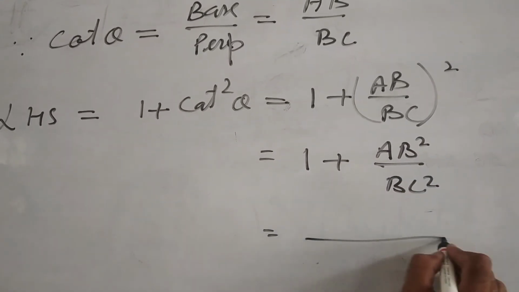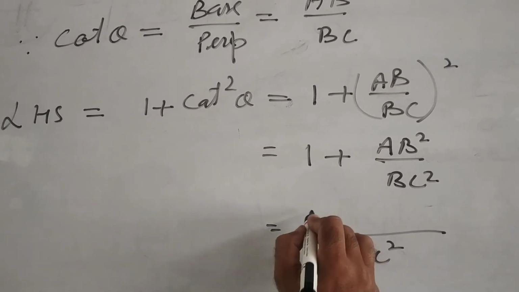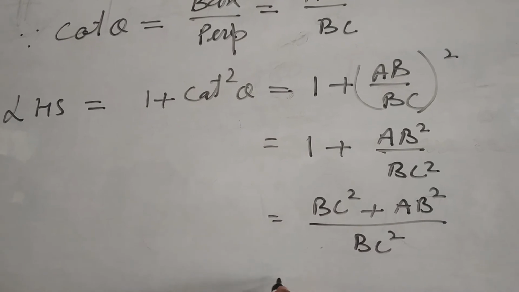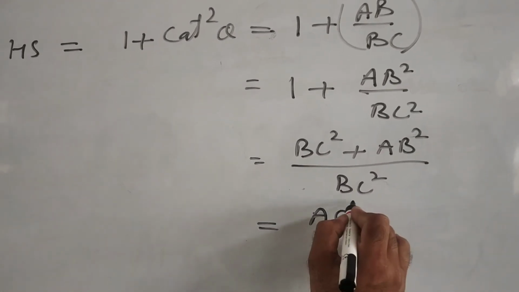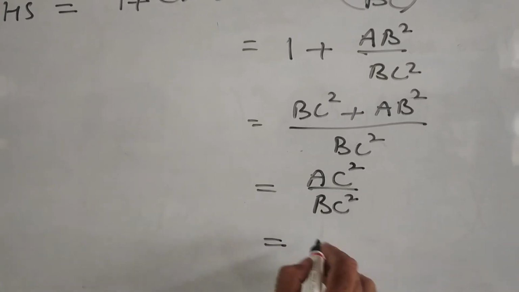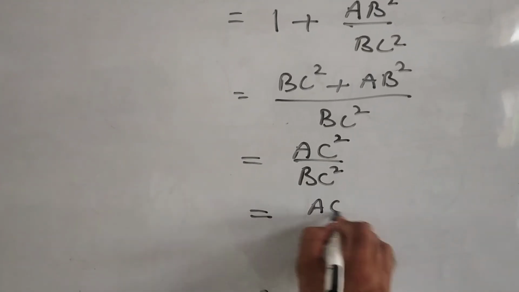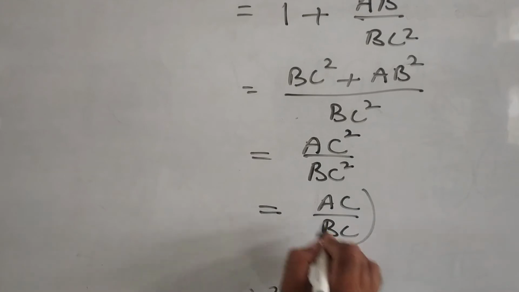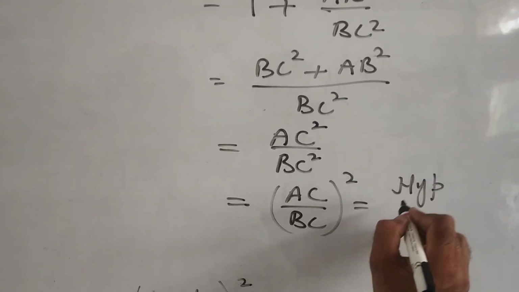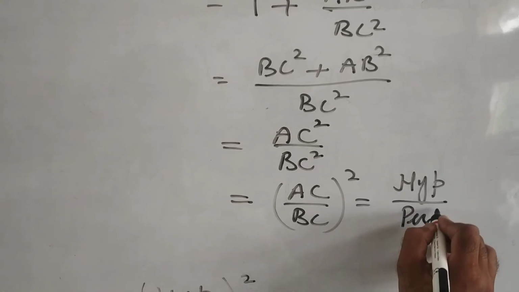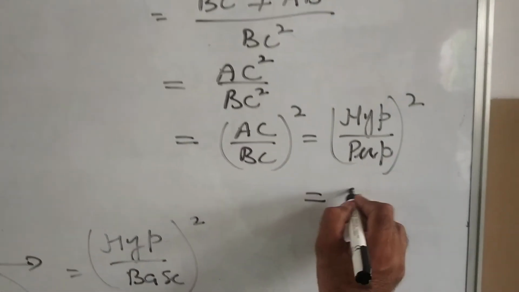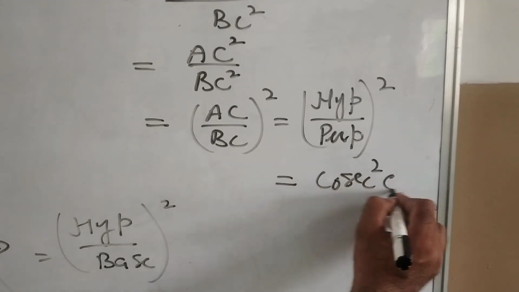Now taking LCM BC square, which is equal to BC square plus AB square over BC square. But we know that BC square plus AB square is AC square over BC square, which is equal to AC over BC whole square, which is equal to hypotenuse over perpendicular whole square. Hypotenuse over perpendicular is cosec theta, so it is cosec square theta.